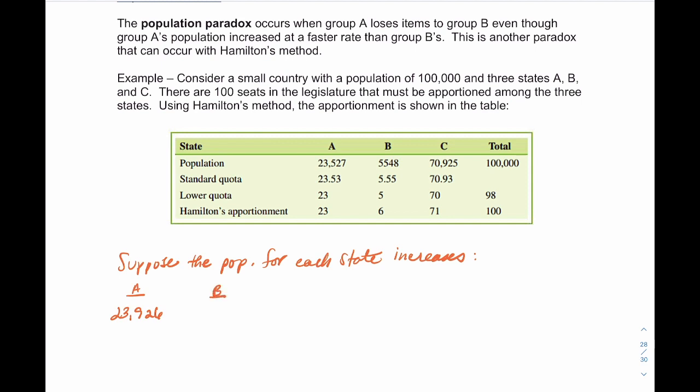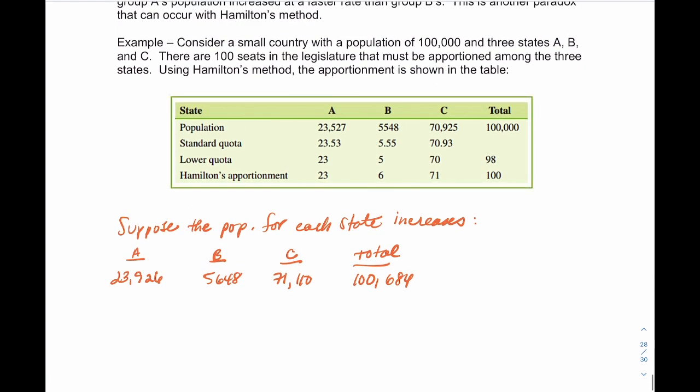State B now has 5,648 people. State C has 71,110 people. And let's say the total is 100,684. Okay, and we'll keep the number of seats to be apportioned the same. So we're still dealing with 100 seats.